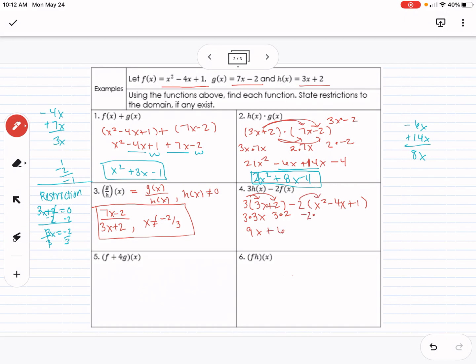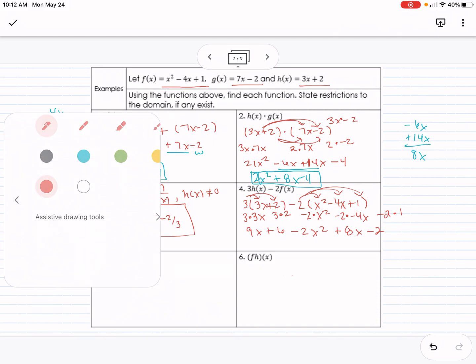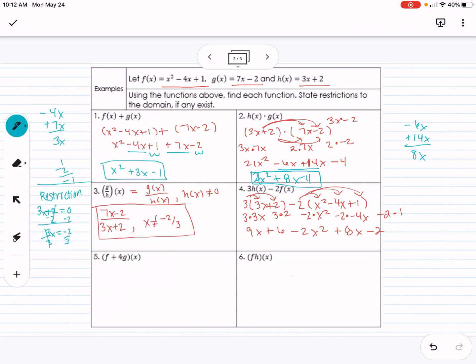Then negative 2 times x squared is negative 2x squared. Negative 2 times negative 4x is positive 8x. And negative 2 times 1 is negative 2. From there, I would combine like terms. So my negative 2x squared should go first. And I can combine 9x with 8x. That'll give me 17x. And then 6 and negative 2 would give me a positive 4.